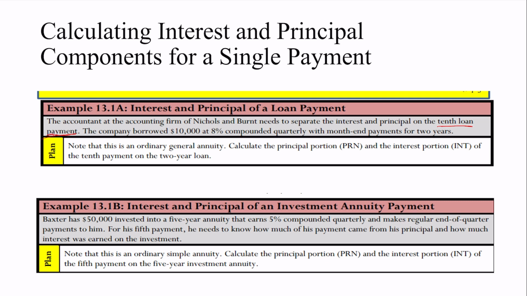Now, one thing I'm going to repeat here, and I repeated many times before during this whole course, is that there is an annuity ordinary and an annuity due. Annuity ordinary is where we make payments at the end of the annuity period, which can be a month, a quarter, or a year.